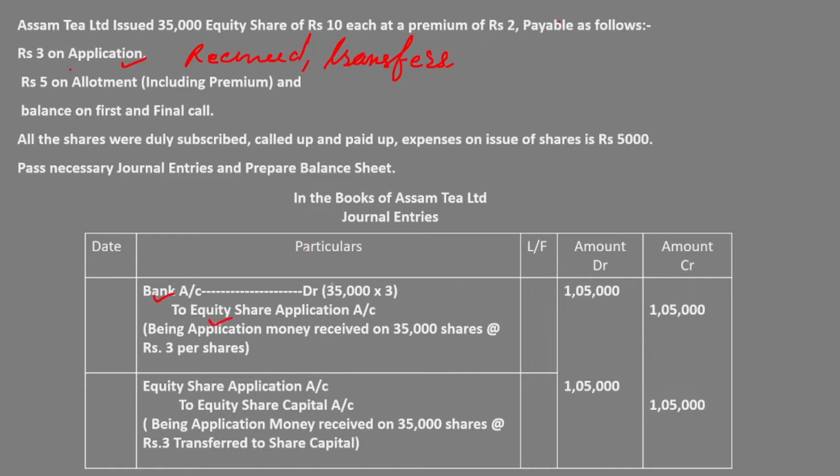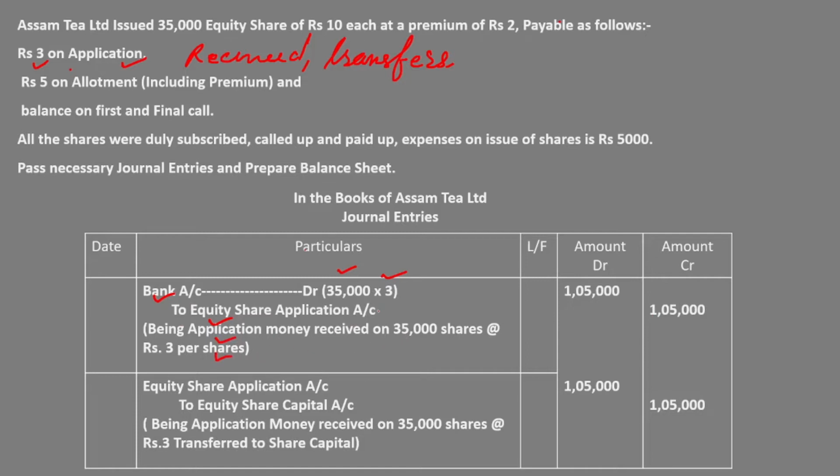The amount will be 35,000 into 3, because the company has issued 35,000 equity shares and the amount on applications is rupees 3 per share. Just multiply and you will get 1,05,000, and the same amount has to be recorded on both the debit and credit side. Your narration will be: being applications money received on 35,000 shares at the rate of rupees 3 per share.